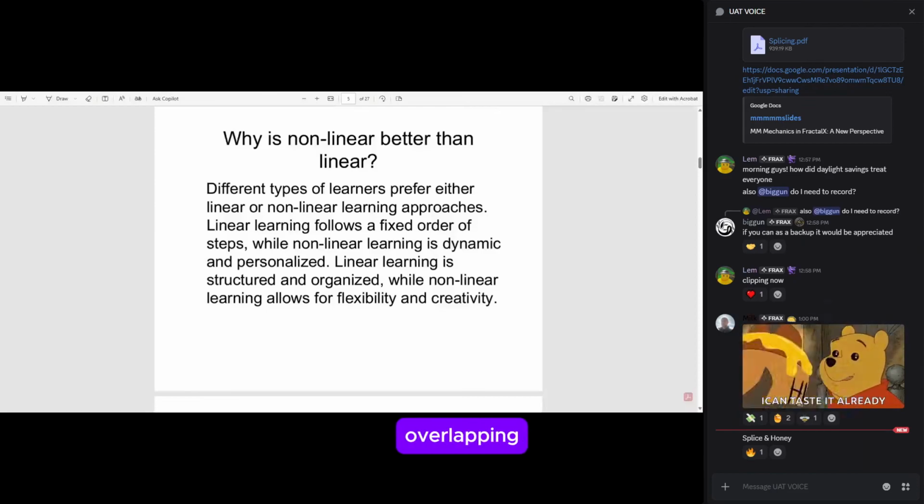It's always overlapping the highs, lows, close prices and so on. And the nonlinear is dynamic and looks more chaotic and random, but that's actually how the market's moving. So linear learning, as they say, is structured and organized, while nonlinear learning allows for flexibility and creativity, because it's really showing you how the market's truly moving. I'll show you how that works down below.